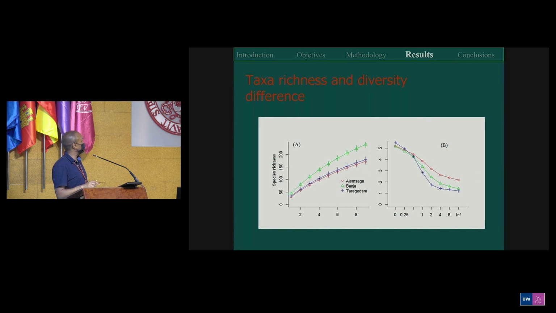As to the taxa richness and diversity differences, we found both diversity and richness differences among the three forests that we compared.